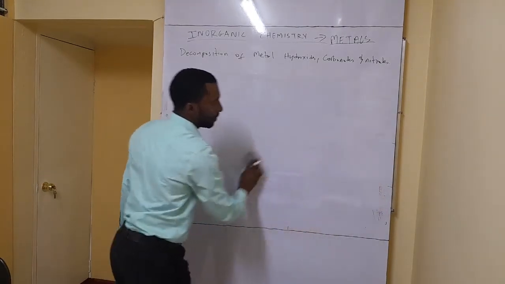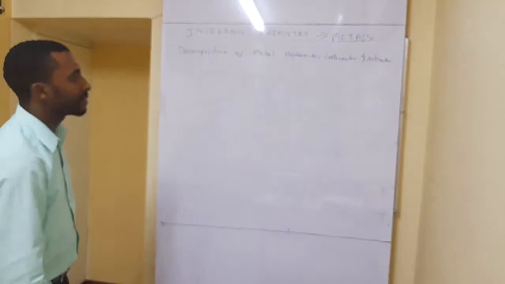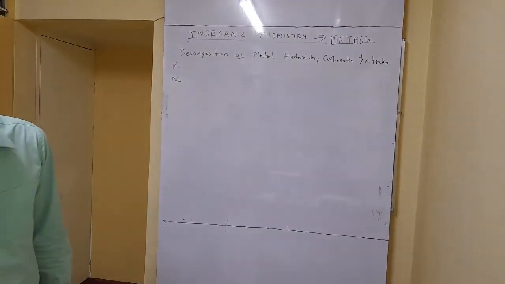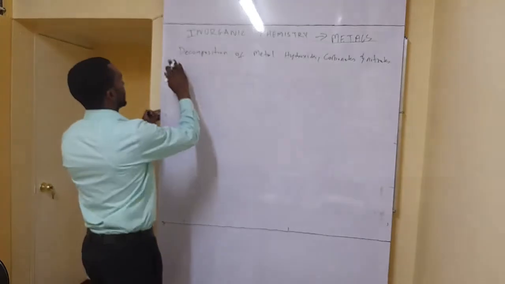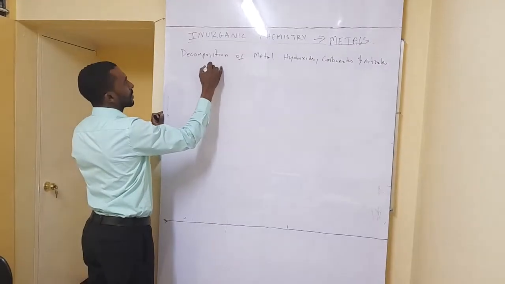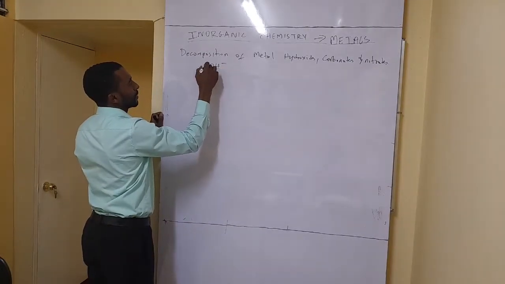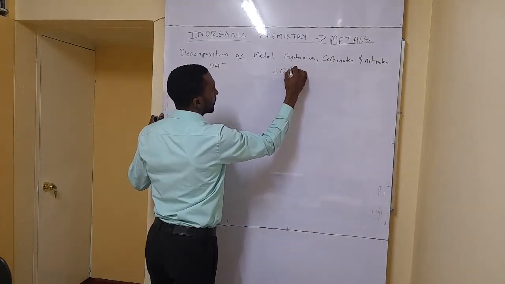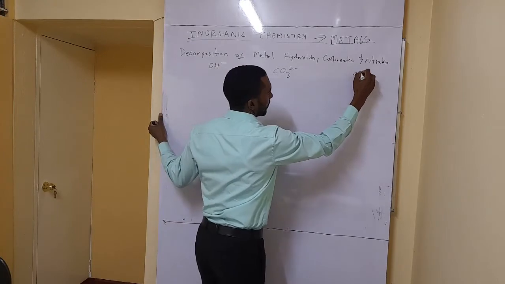Alright, so the more reactive metals, the potassium and the sodium, they do not decompose. So, sorry, let me put it. So we're going to put the hydroxide, the carbonate, and the nitrate.